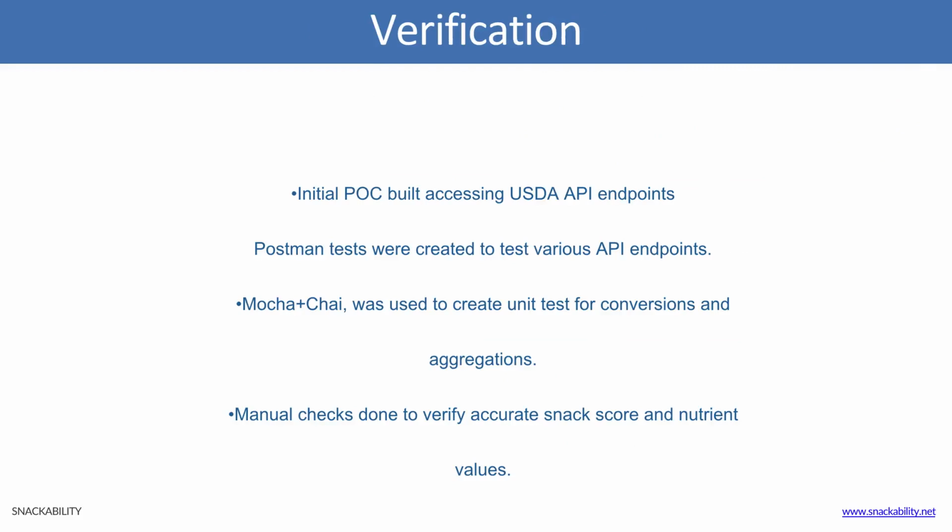Some of the other things: we have a series of Postman tests that target both the local API as well as the API when it's deployed, and we did write some Mocha Chai scripts that were used to unit test conversions and some of the aggregations.